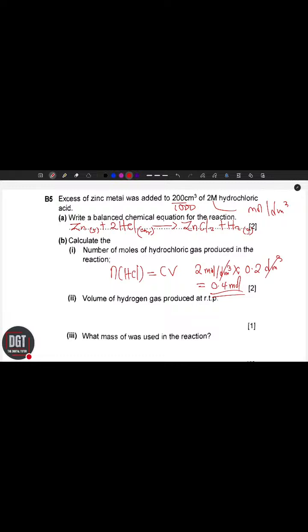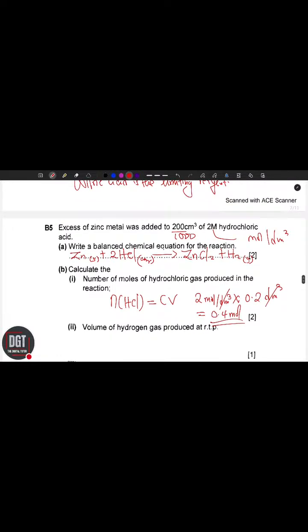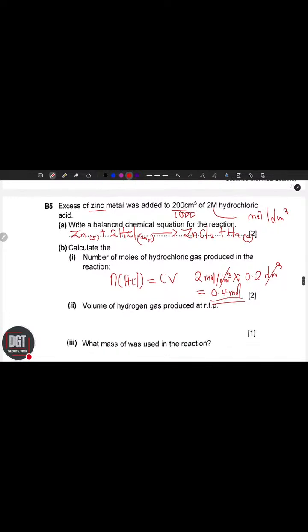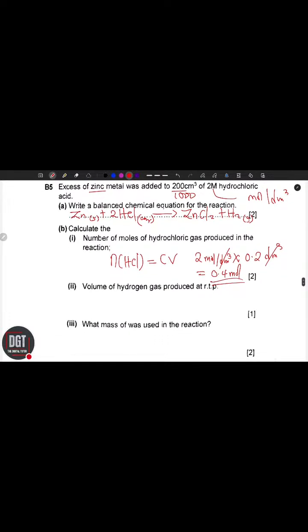All right. Then the volume of hydrogen gas produced. How do you find the volume of hydrogen gas produced? To find the volume of hydrogen gas produced, we need the number of moles of hydrogen gas. And in this case, they're saying excess zinc. So if zinc is in excess, hydrochloric acid is limiting. So the ratio that you are going to form is for HCl to that of what? Hydrogen gas.